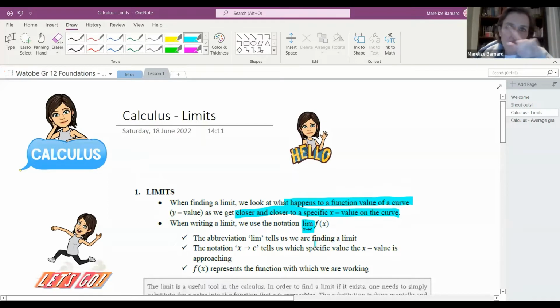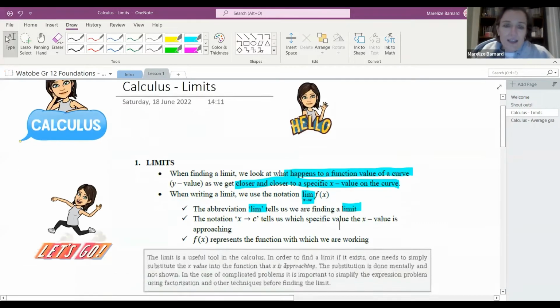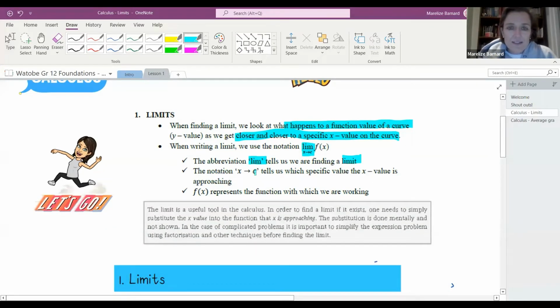Okay, what is happening to your function as your x value tends towards, and that's the words as we say it, the x tends towards c or whatever that value is, like a 5 or a 2, etc. So lim stands for limit, and the notation x with the arrow and the c, that c is your specific x value that your graph is approaching.